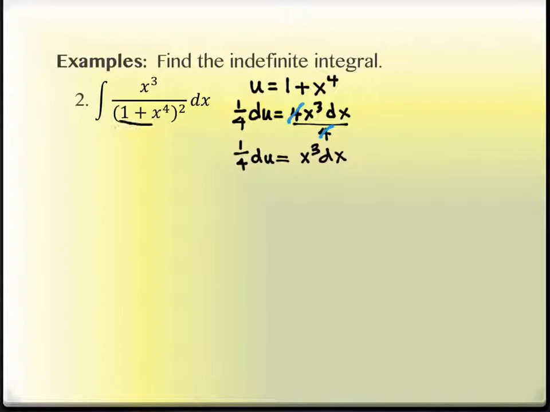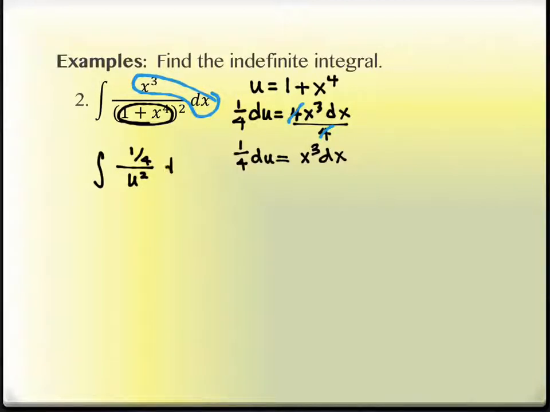So this piece right here is what? It's u squared. It's u and then it's squared, right? This piece right here gets replaced by a 1/4. You can put the 1/4 on top. You can put it in front. I don't care where it is. It's just going to be a constant multiplier, just going to be part of the solution in a moment.